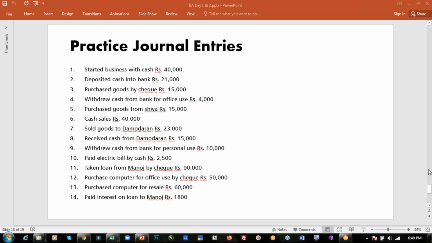For the 12th point, guys, we are purchasing the computer for office use by check rupees 50,000. So if you are purchasing for office use, that means you are purchasing a fixed asset. If we purchase a fixed asset, we have to write the asset name as we discussed yesterday. So computer account debit to bank will be the entry for the 12th point.